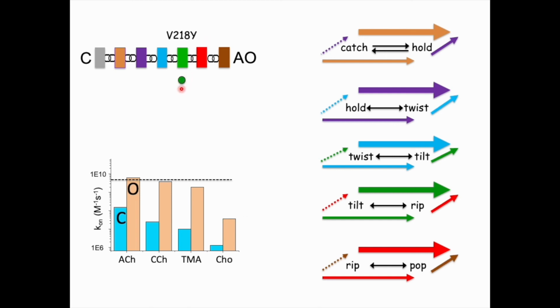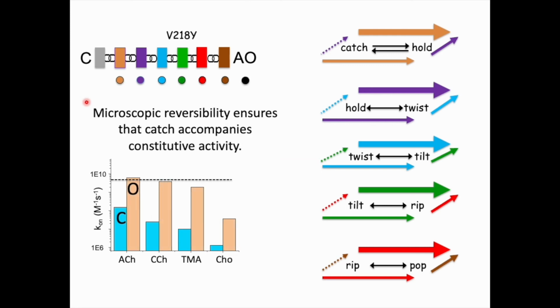And if we make a mutation here that makes that happen with great probability and therefore increases open probability, that mutation is going to not only promote the subsequent events in the chain, it's going to promote the preceding events in the chain. So you're going to get up and down. It's going to be bidirectional. You're going to get all the way through to catch, because catch promotes hold.